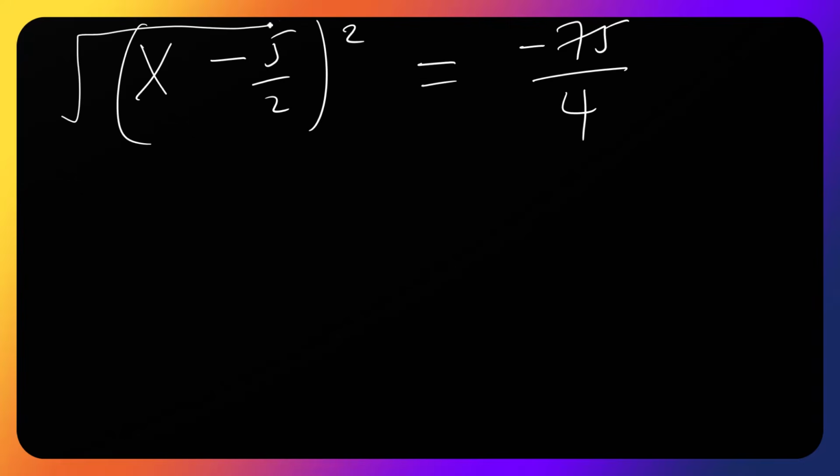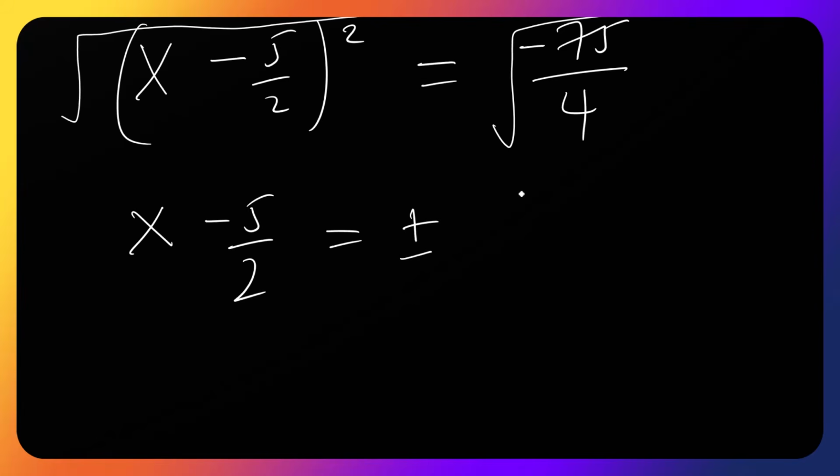So from here, you can take the square root. So taking the square root, x minus 5 on 2 equals plus or minus the square root of 75 on 4 times the square root of minus 1.